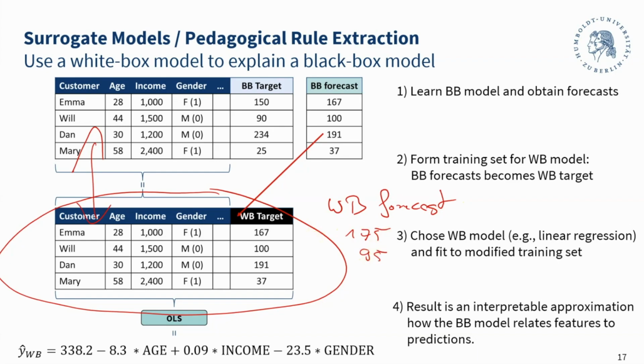So there will be some mismatch between the prediction of our white box model and what the black box model actually predicted. There will be a residual, and then we can compute something like an R-squared statistic to see how much of the variability in the black box forecast our white box model captures, to judge its adequacy.